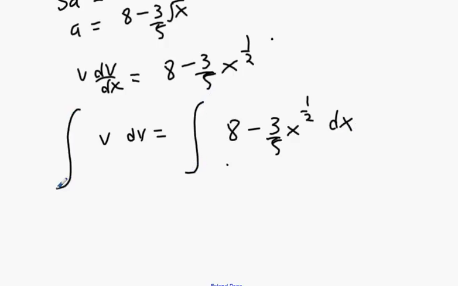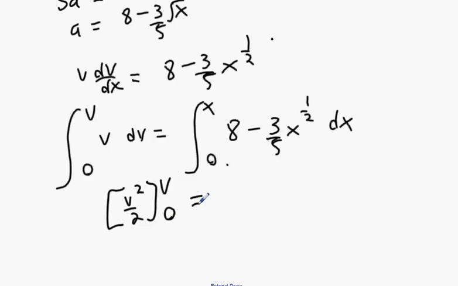And I'm going from, is it x to 0, guys? It starts at rest, so v goes to 0 as well. v squared over 2 from v to 0. 8x minus, that's going to be 3 over 2, which means I have to multiply 2 over 3 by 3 over 5, which will give me 2 over 5.